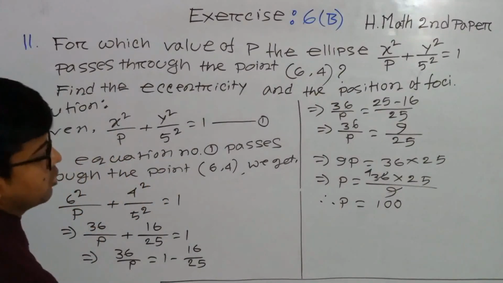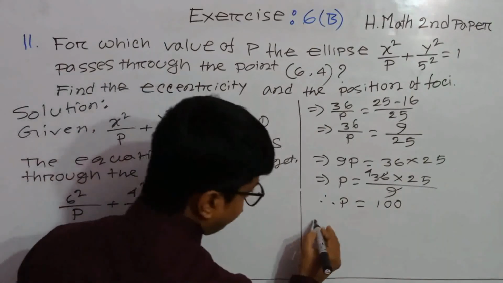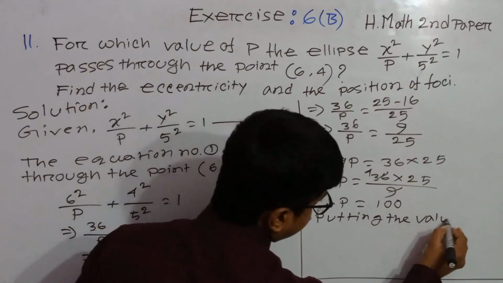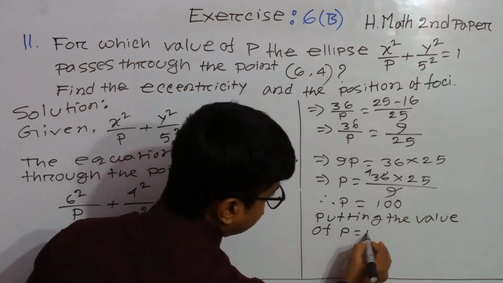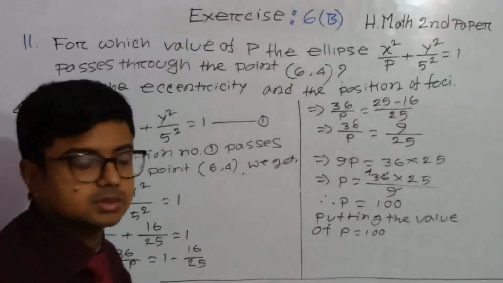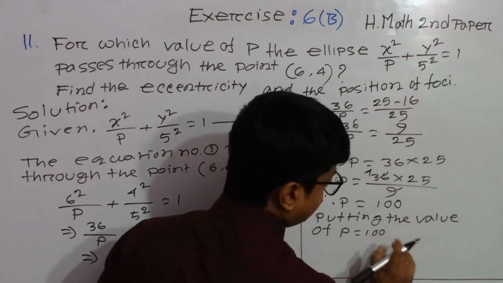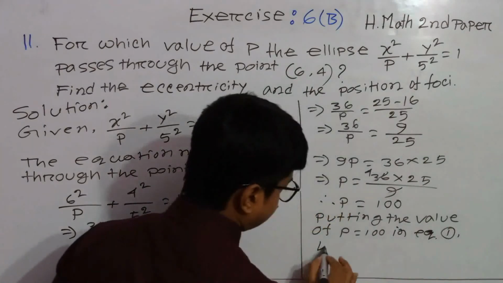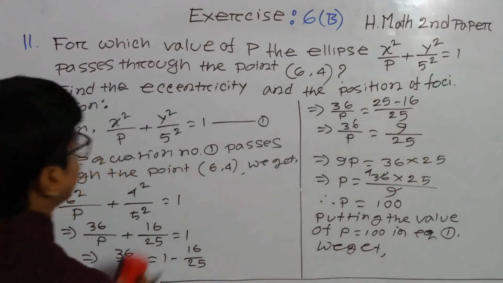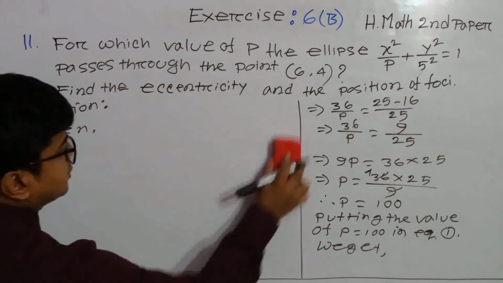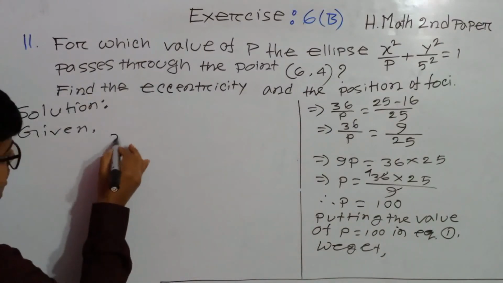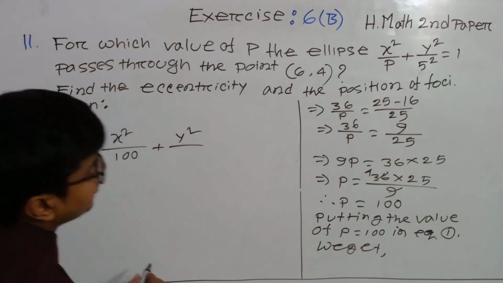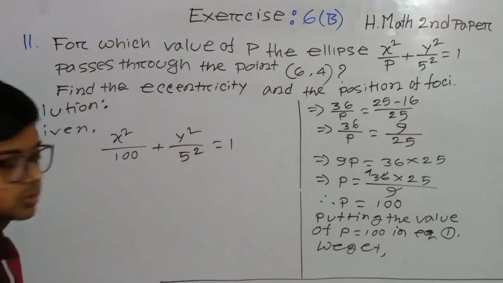Now putting the value of p equals 100 in equation number 1, we get x squared by 100 plus y squared by 5 squared equals 1.